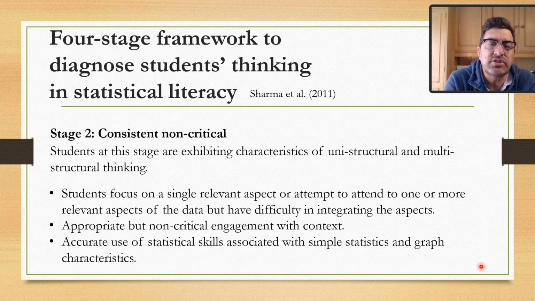At this stage, students are exhibiting characteristics of unistructural or multi-structural thinking. Well, what do we mean by that? Let's see. Here, students can focus on a single relevant aspect or attempt to attend to one or more relevant aspects of the data, but they have difficulty integrating these aspects.